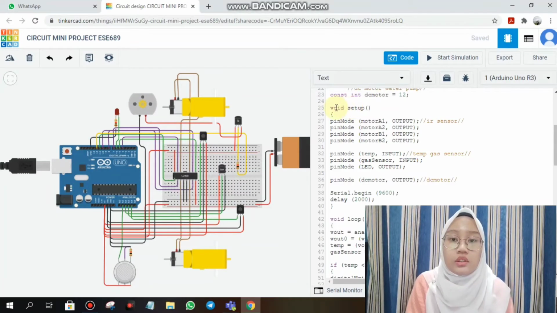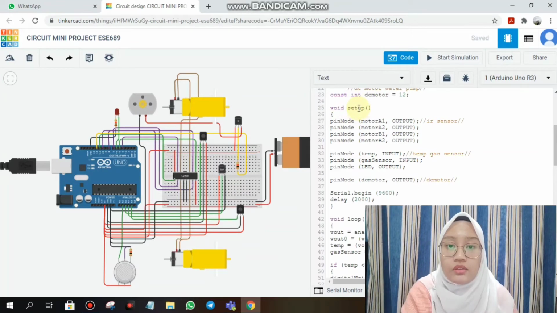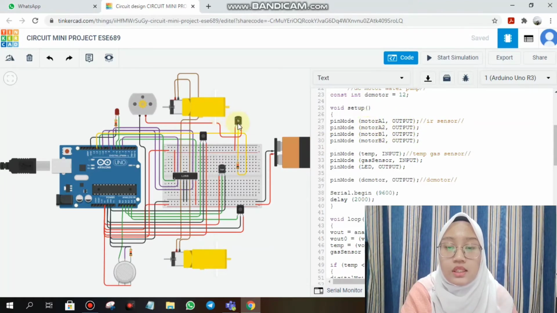I will continue with void setup. The first group of pin mode is specified for the IR sensor. There are two types of motor used in this pin mode group, which are the IR sensor and the hobby gear motor.